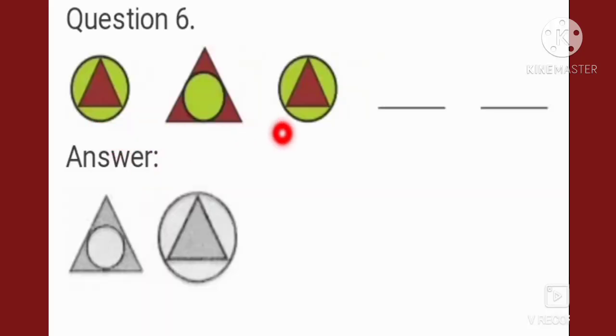In this geometric pattern, in the first figure, the triangle is inside the circle, in the second one the circle is inside the triangle, and in the third one again the triangle is inside the circle. What will be the next figure? Yes, the circle is inside the triangle, and the next one is the triangle inside the circle.